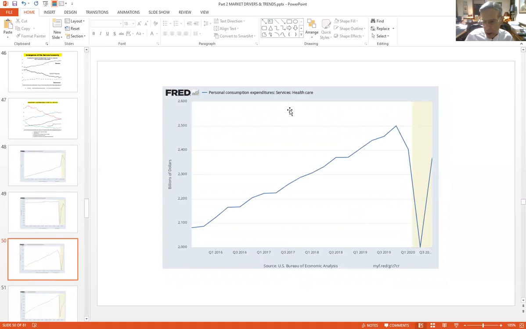Here we have healthcare. And I thought this was especially remarkable because we would have expected that with the coronavirus, healthcare expenditures would have really gone up. Certainly occupancy in healthcare facilities has gone up, but many of those services are either priced low or have to be paid for by some form of welfare.